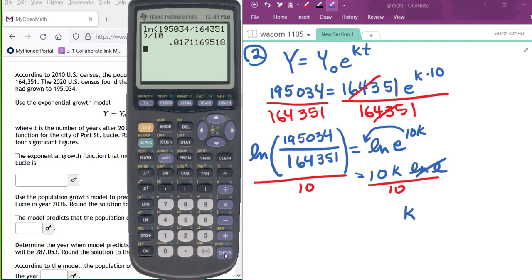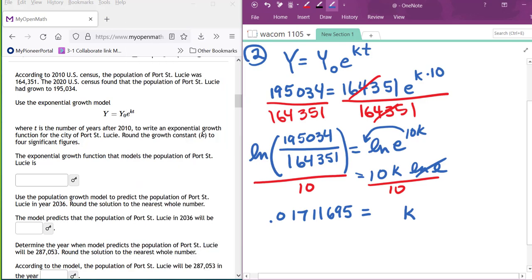And so we are getting 0.01711. I'm going to put down a bunch of digits: 695. All right, we have something new here to deal with that we haven't had before, and it says round the growth constant k to 4 significant figures.